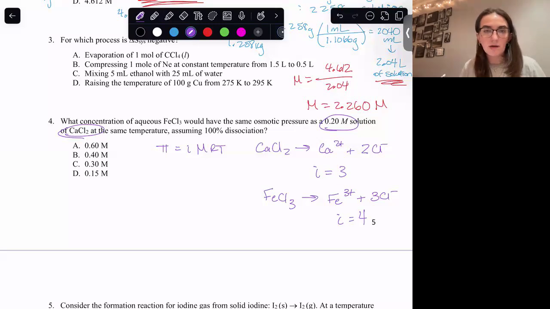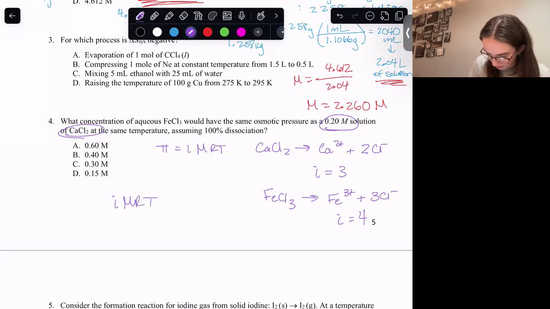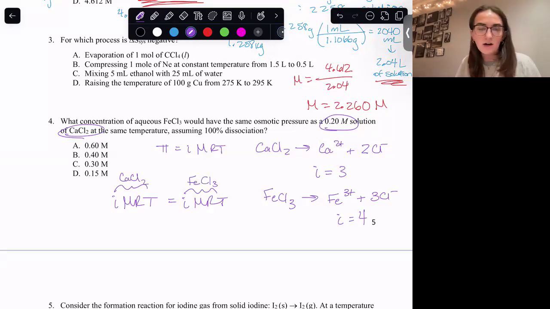So when we're looking at osmotic pressure, we want these to be the same. So we're just going to set iMRT, and we'll call this one calcium chloride, equal to iMRT, and we'll call this one iron chloride. R and T are constants here. They're not changing, so we can get rid of those.